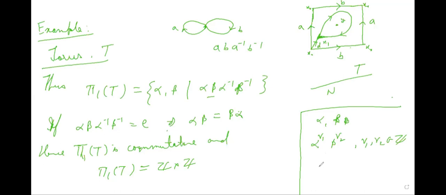Because of this condition, all the words will reduce to a word of this form, right? All the words in the Z star Z will reduce into this form, right? But this is nothing but Z cross Z.